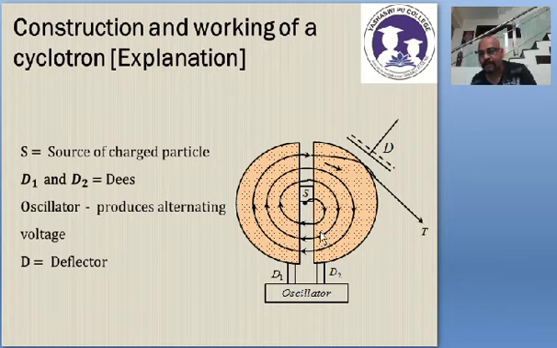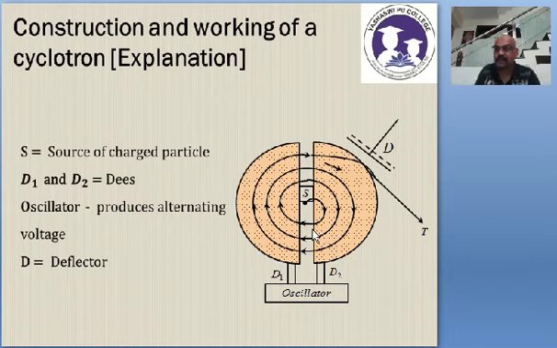Why does it move inside the D2 disc? Because D2 is at a negative potential, it attracts the positively charged particle, and therefore the positively charged particle goes inside. Once it goes inside, the electric field is zero, because you know that the electric field inside a cavity of a conductor is zero.